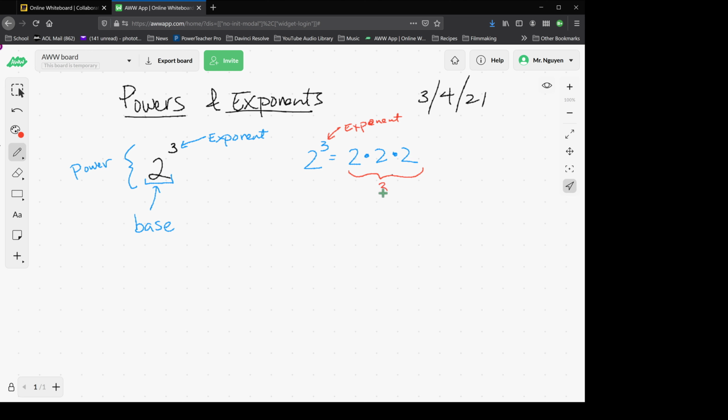So this says that you should multiply the base 3 times, and that's what you do. You multiply the base by itself 3 times. 1, 2, and 3. Once you do that, 2 times 2 is 4, 4 times 2 is 8. So there you go. The answer to this is 8. But more important than the actual answer is for you to understand what this whole power means.